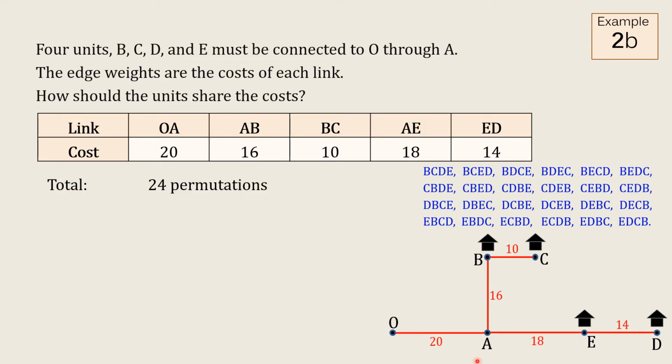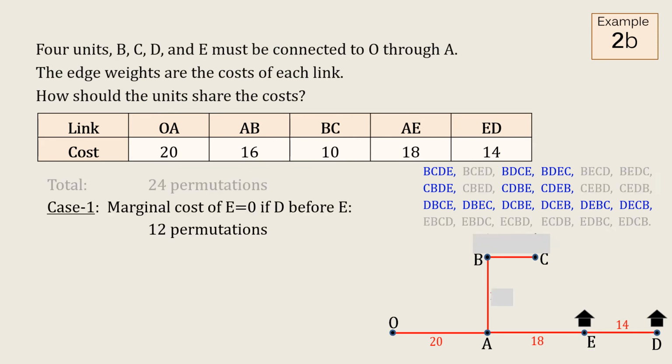So the random arrival interpretation. These are all possible permutations of the four agents or four units. And it's only this agent here, E, whose Shapley value we shall try to compute. Now, first we'll look at the case where D arrives before E. So D is already there.